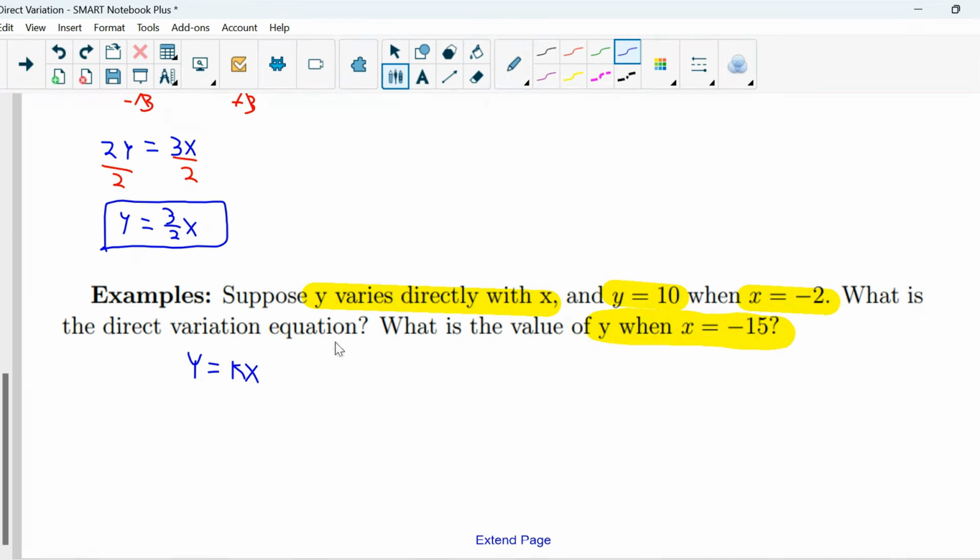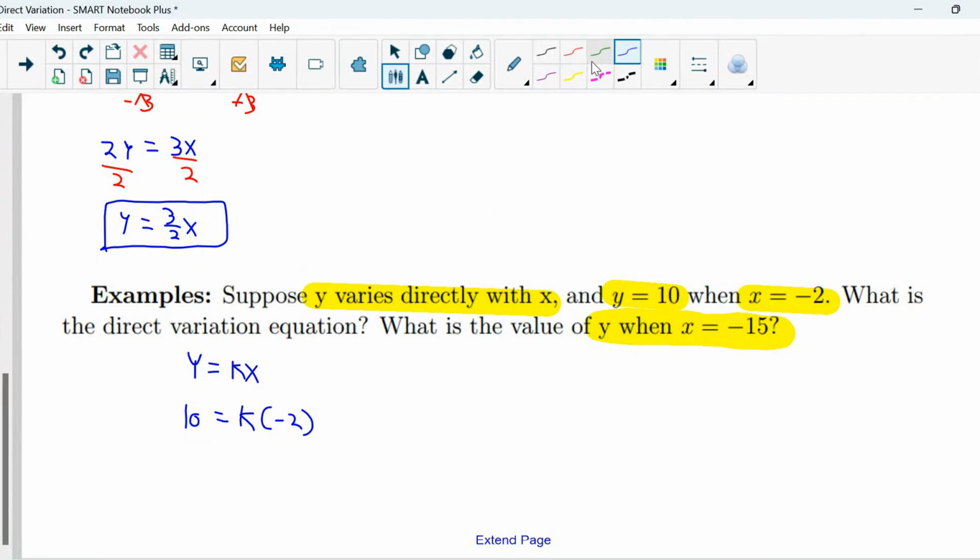So let's substitute those values into our equation. So for y, let's substitute in 10. We are trying to find k. And for x, let's substitute in -2. Okay? So this leaves us with 10 equals k times -2.